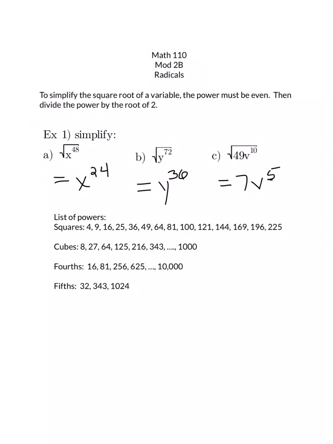On fourths, you're going to see 2, 3, 4, 5 to the fourth, and then 10 to the fourth is 10,000. You won't see a ton of fifth powers, but the first 3, 2 to the fifth is 32, 3 to the fifth is 343, and 4 to the fifth is 1024.